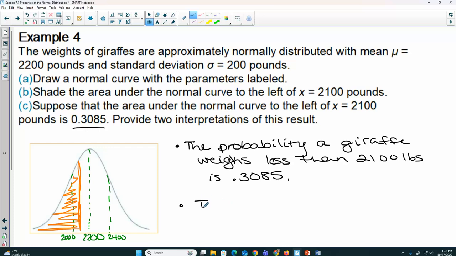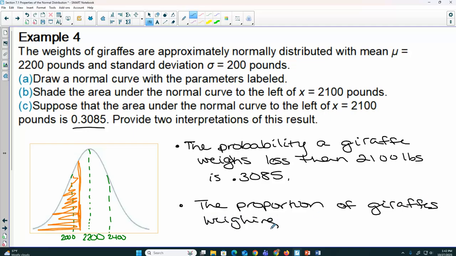So the proportion of giraffes weighing less than 2,100 pounds is 0.3085.